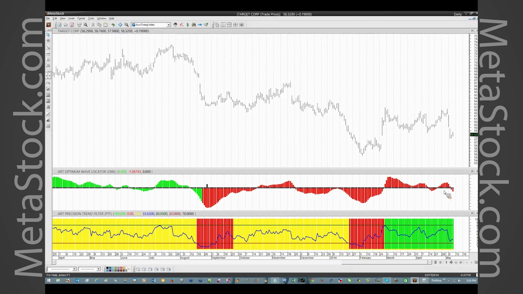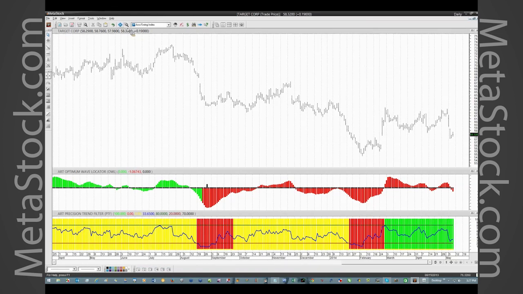But again, what's really important is whether the owl is above or below the black colored zero line there. And notice that the PTF is green, so it looks like we're going to get higher highs on this. What price bar created the green? It looks like it was this one here when this line dipped just to the above upper band here.